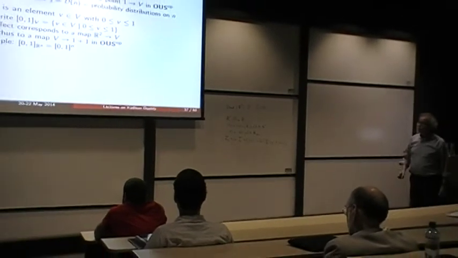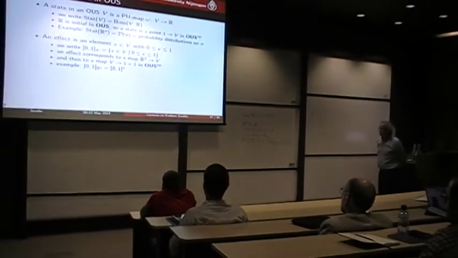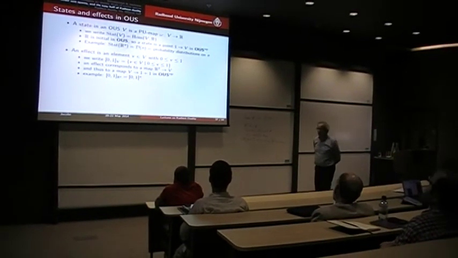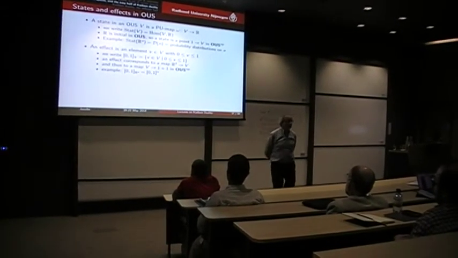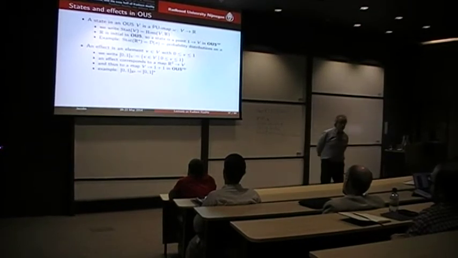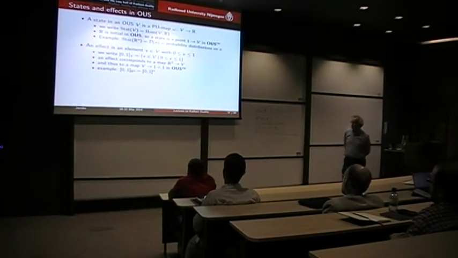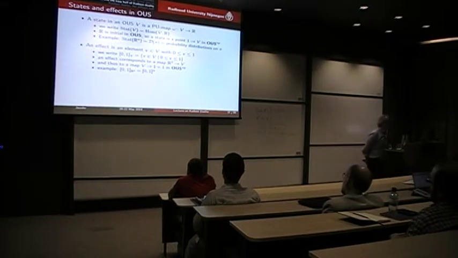To do a bit of logic in this situation, you need effects. An effect is a positive element below the identity. I'll write this unit interval of V for the set of effects. And effects correspond to maps from R^2 to V. I think I showed this yesterday, how to do this.